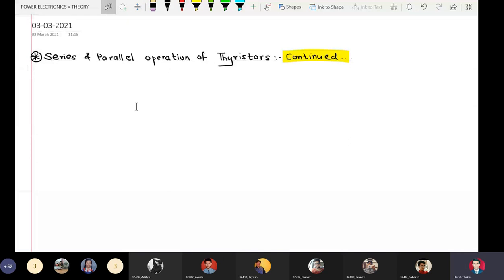But we said that connecting SCRs in series or in parallel is not as simple as it appears to be. There are certain problems associated with series connection and parallel connection of SCRs, and we need solutions to overcome or minimize those issues, which we are going to discuss today.